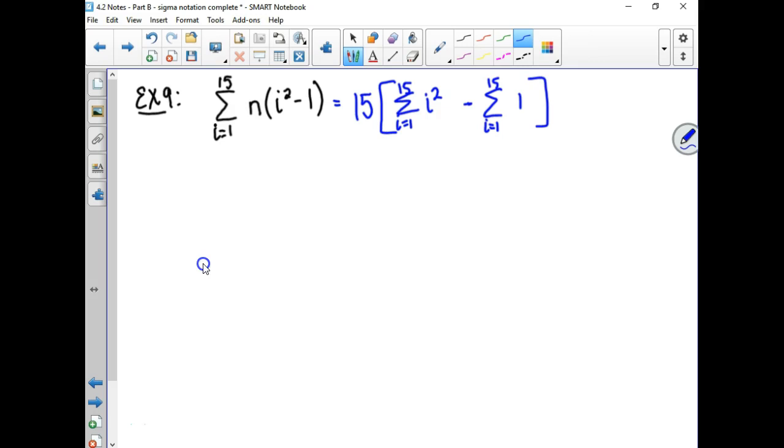And so when you have this, 15 will stay out front. The shortcut rule for I squared is n times n plus 1 times 2n plus 1 all over 6. So that n is 15, so we've got 15 times 15 plus 1 times 2 times 15 plus 1 all over 6.